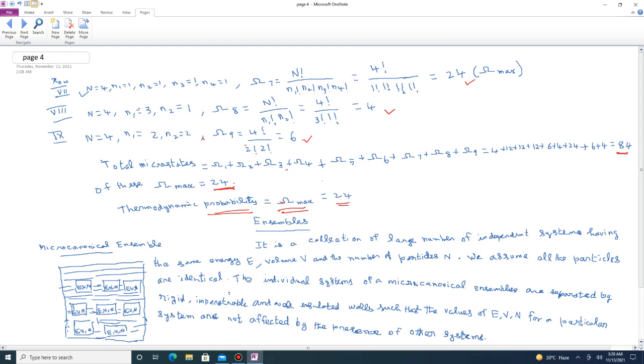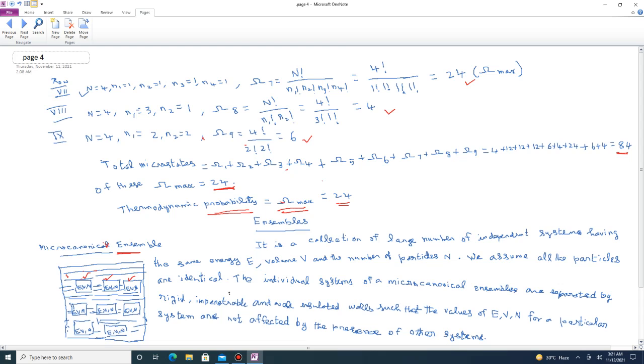Now let us discuss ensembles. Here there are 3 types of ensembles. This is a microcanonical ensemble. It is a collection of a large number of independent systems having the same energy E, volume V, and number of particles N. So this is one system, this is another, and this is another. So we collect so many independent systems.